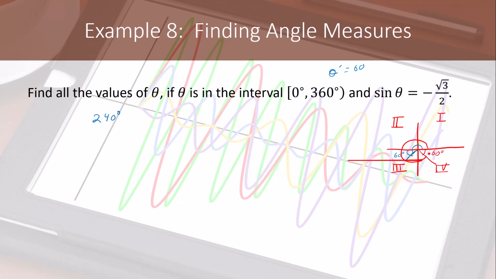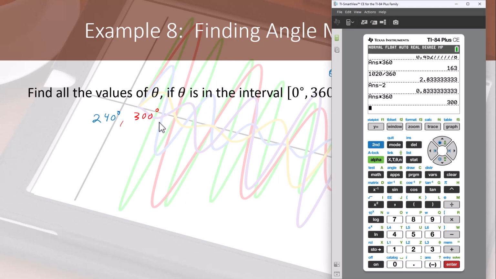If you'll notice, this right here is 360 degrees, minus 60 is going to give us 300 degrees. And so our second angle is going to be 300 degrees, and that would be the answer to our problem. Those are the two angles where the sine of theta is actually equal to negative square root of 3 over 2.